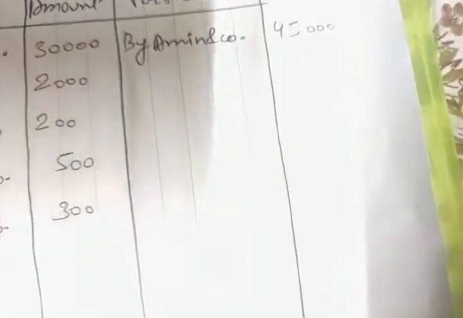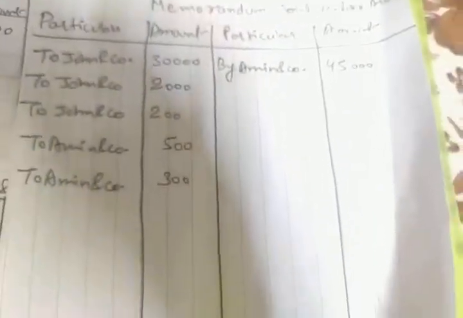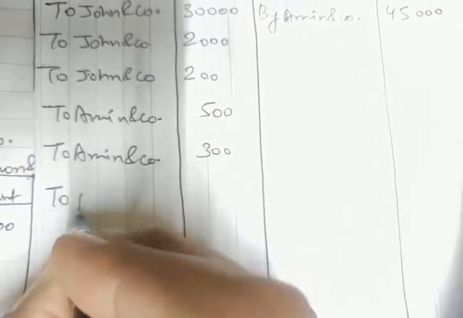So now we can make the total of your memorandum account and calculate the balance to calculate your profit or loss. Okay, so let's make the total. Total is going to be 45,000 6,000. Okay, and we are having the profit. Debit side balance, that means we have the profit.